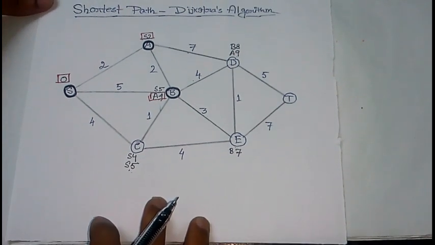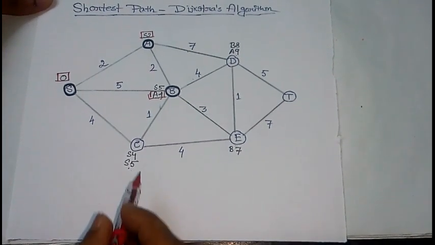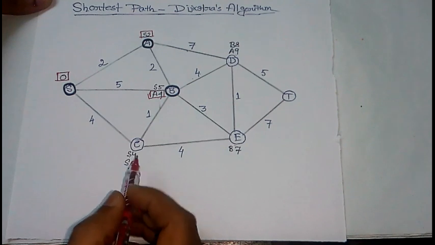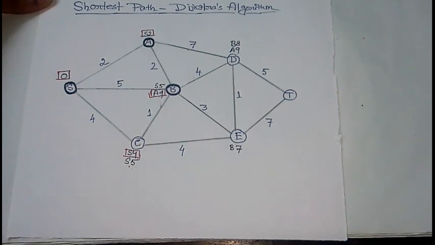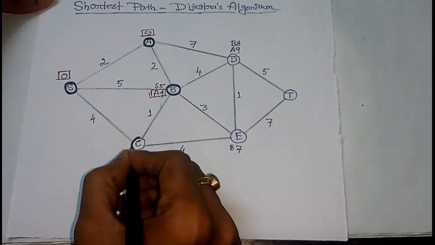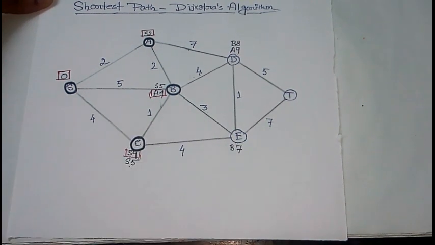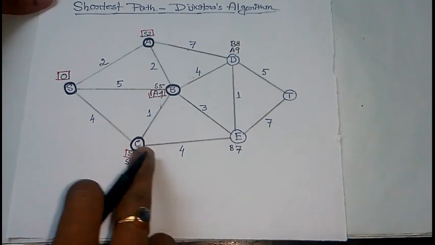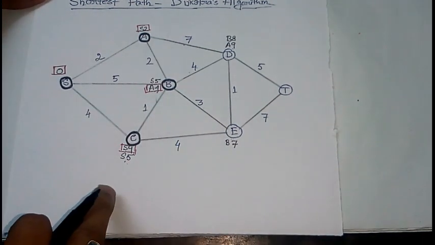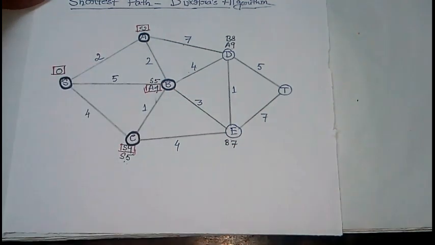Among them we have to find the minimum one, and we find that S4, this is the minimum. So this will be the permanent label. That means we are selecting this vertex C, and S4 is the permanent label of C. Now we have 4 vertices which are selected with 4 permanent labels.